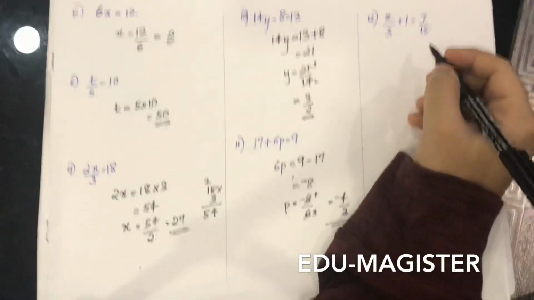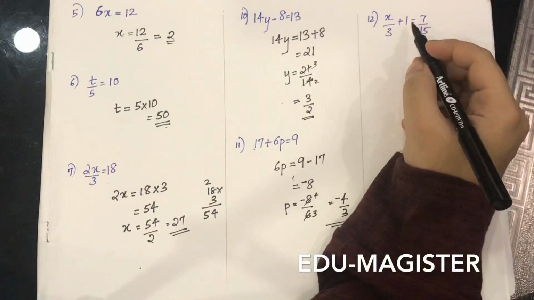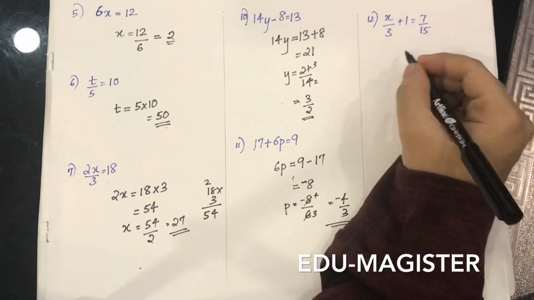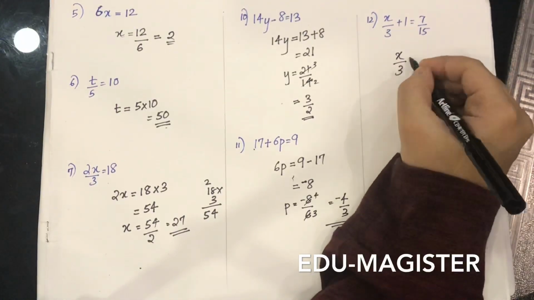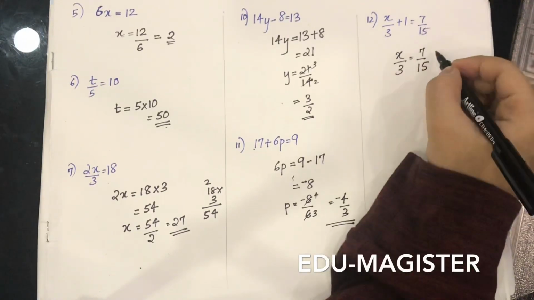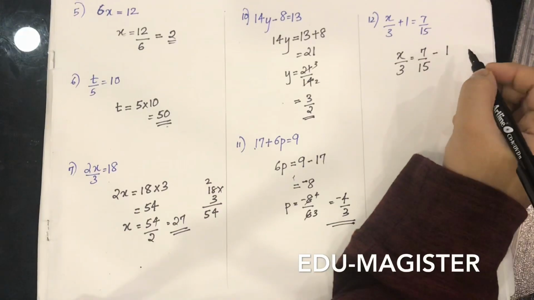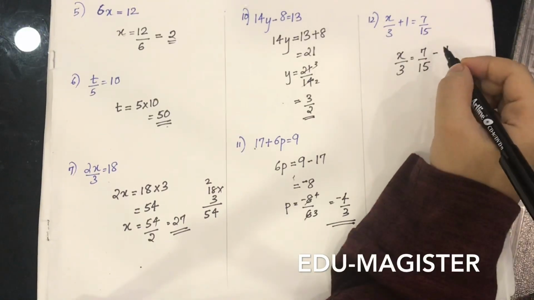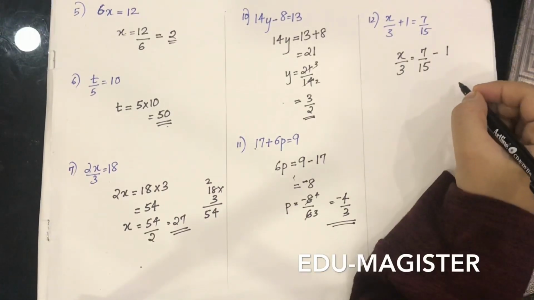Now question number 12. X by 3 plus 1 is equal to 7 by 15. So x by 3 is equal to 7 by 15 plus 1 becomes minus 1. Now how do you solve this kind of a problem? Let me give you the general formula for it.